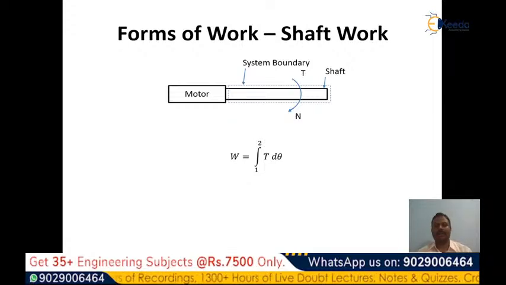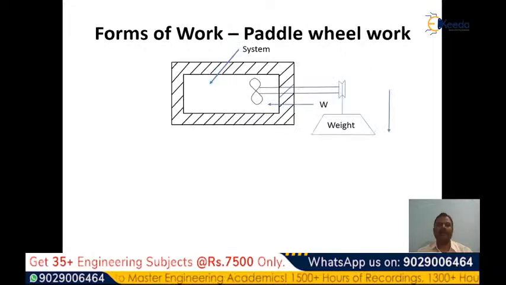The power developed by the shaft is very important in the daily usage of energy or work. Almost all work is supplied by shaft work, which is widely used in IC engines, steam power plants, etc. And after that, I have selected a cylinder which is insulated through this cylinder wall.